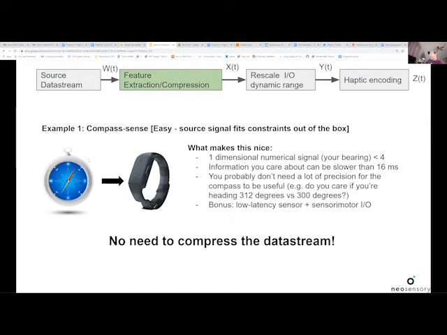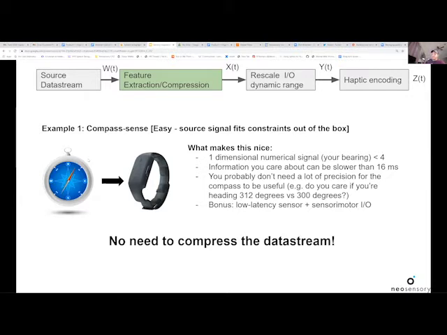The information you care about can probably be fed in slower, even much slower than 16 milliseconds. If you're getting an update on your bearing, the direction you're heading while walking, every few hundred milliseconds or even a few seconds, that's probably fine for navigating somewhere. You also probably don't need a ton of precision in the direction you're heading. Who cares if it's 312 versus 300 degrees?